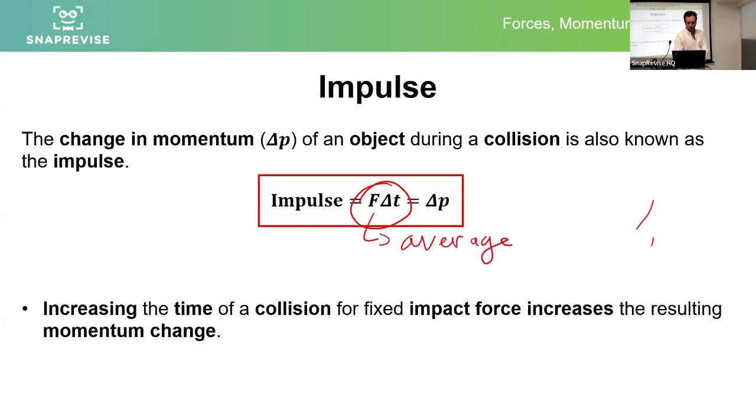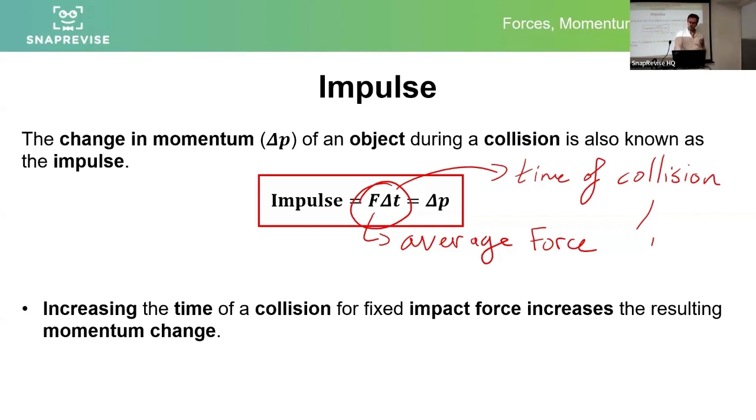The only thing to add to this is that F is an average force. I am more than aware that in real life, forces are rarely truly constant. This equation still works if you just use an average force. And delta T is the time of collision, the time over which this force is applied. Increasing the time of collision for an impact force increases the resulting momentum change.